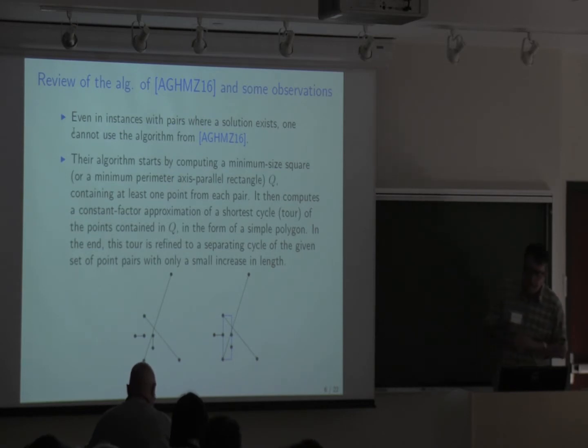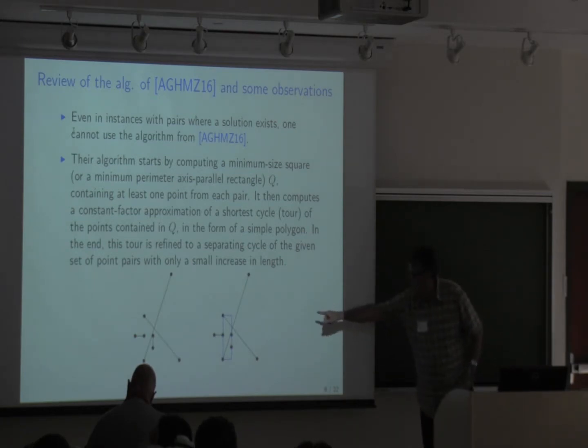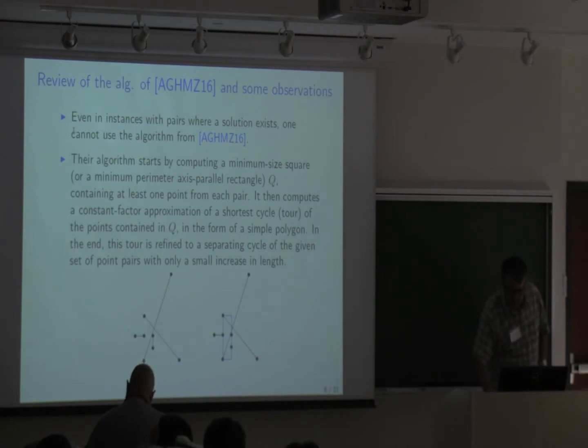And then you can refine that to a separating cycle with a small increase in length. So for instance, in this situation, where you have 4 pairs, you find the smallest rectangle, and you can change that rectangle a little bit to include only one of the points from that vertical pair.